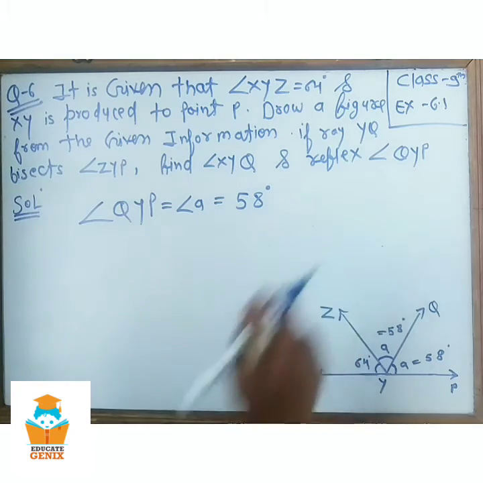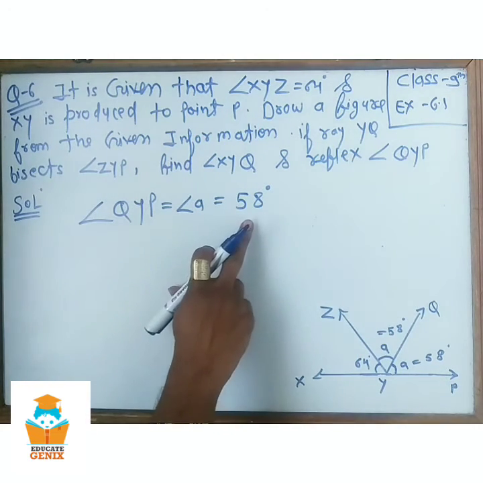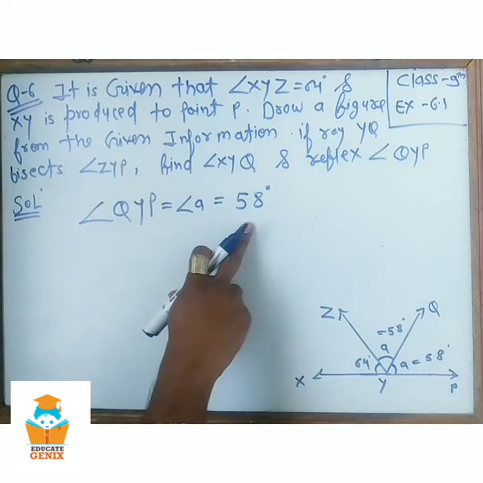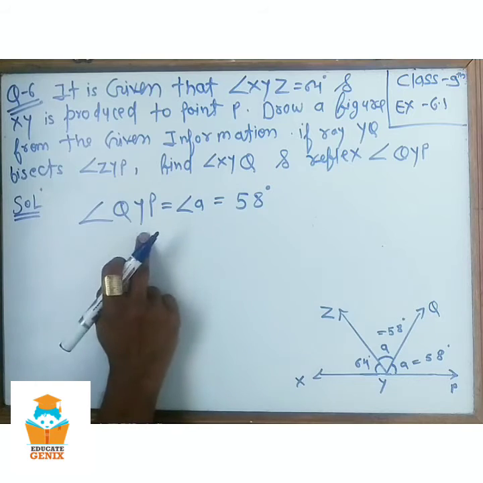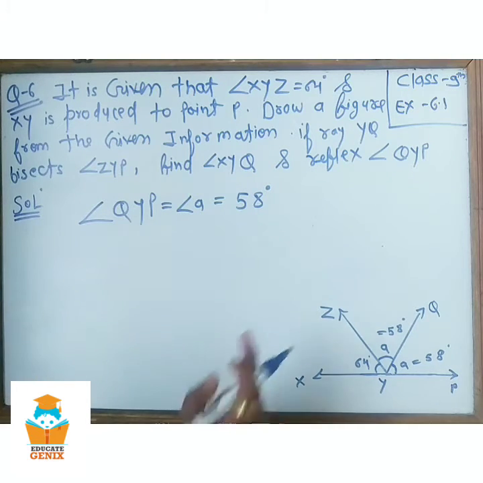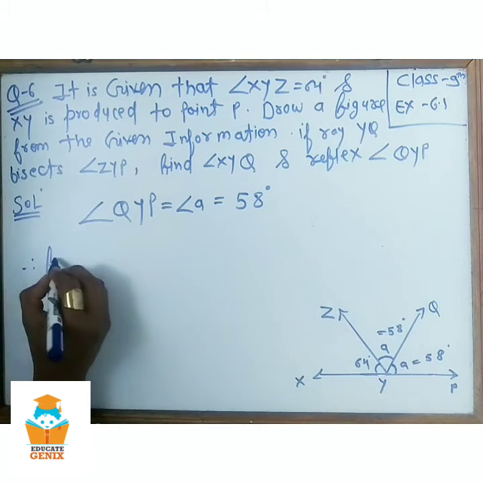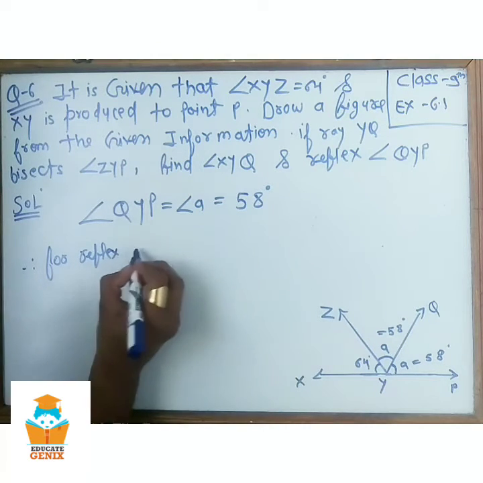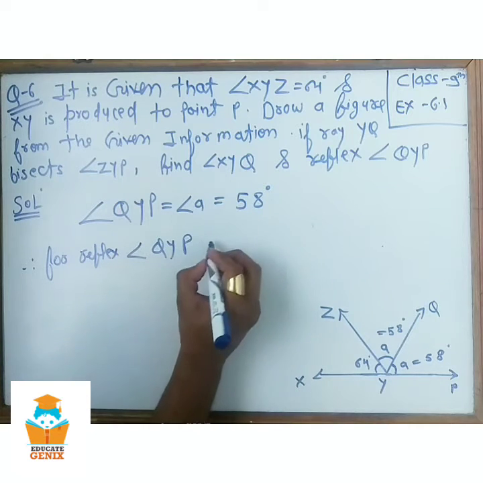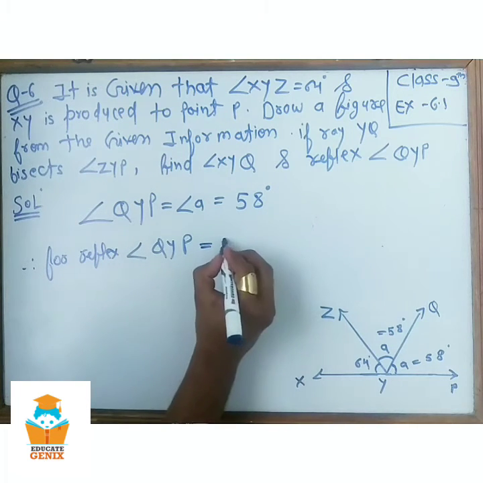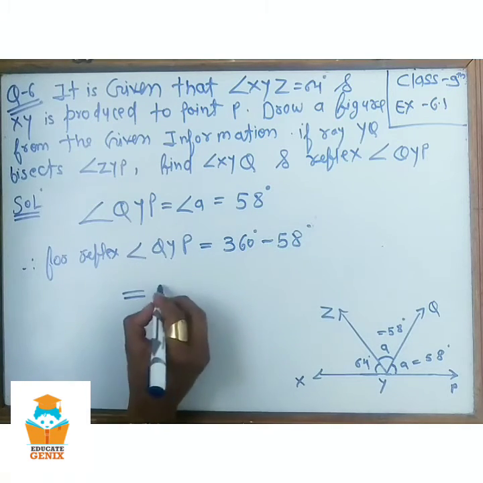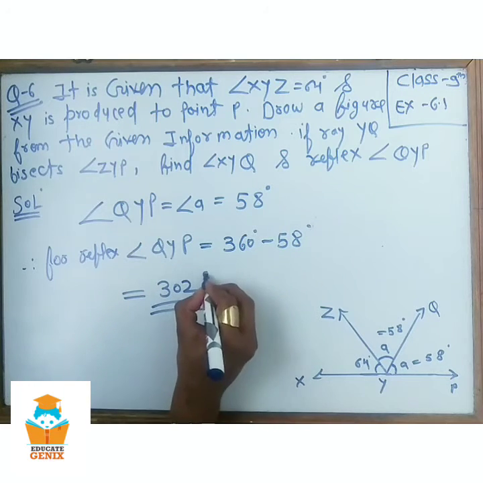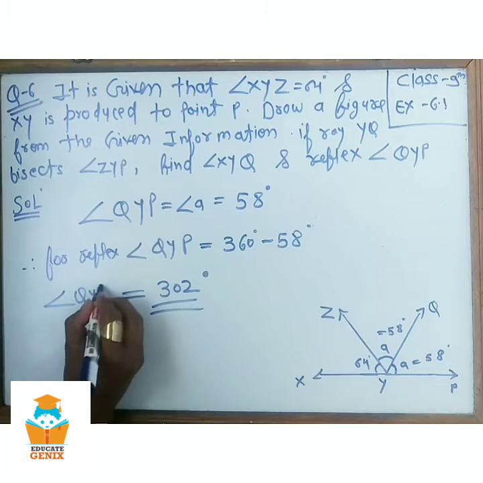For reflex angle QYP, if the angle is less than 180 degrees, and here angle QYP is 58, we are going to subtract angle QYP from 360 degrees. Therefore, 360 degrees minus 58 degrees equals 302 degrees. This is our reflex angle QYP.